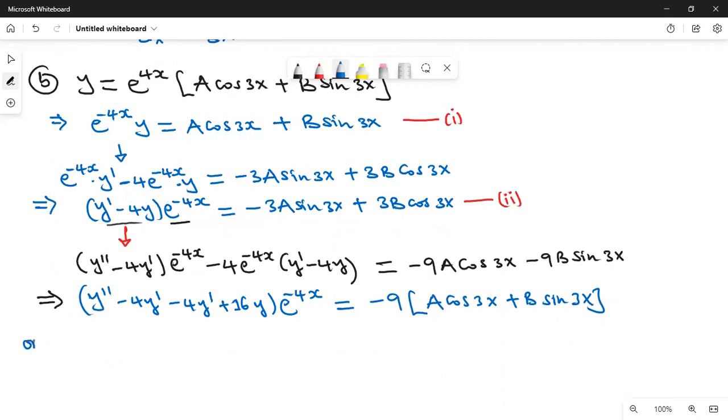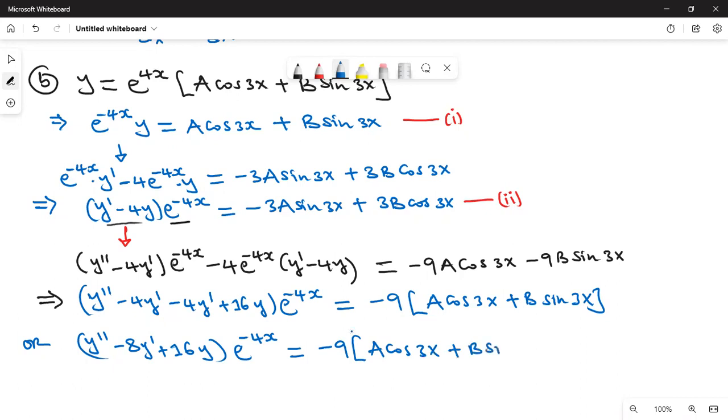You could write y'' − 8y' + 16y, the whole of these times e^(−4x), is equal to −9(a cos 3x + b sin 3x). So this is the third equation. We have managed to obtain the derivatives of the given primitive.